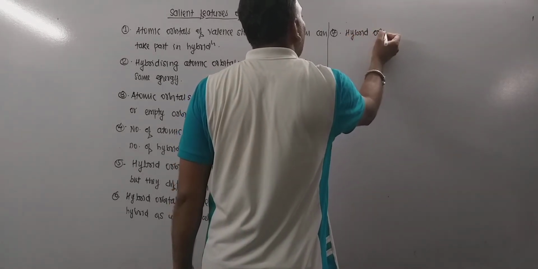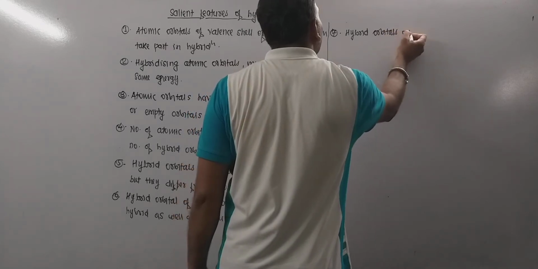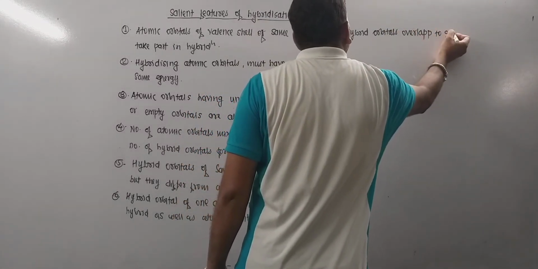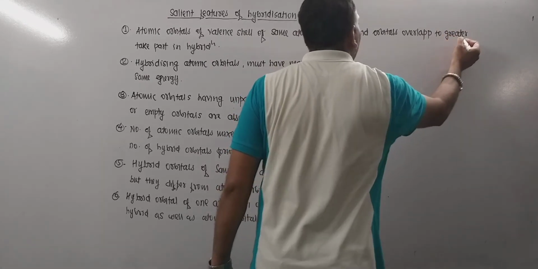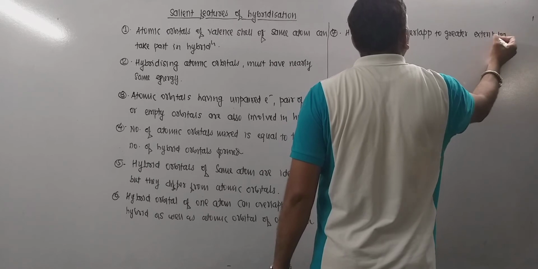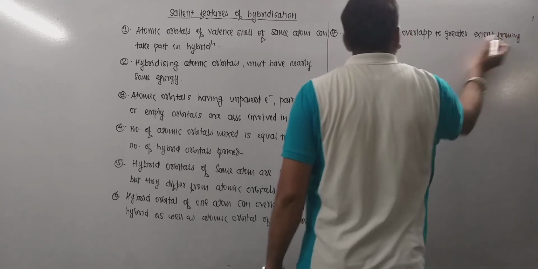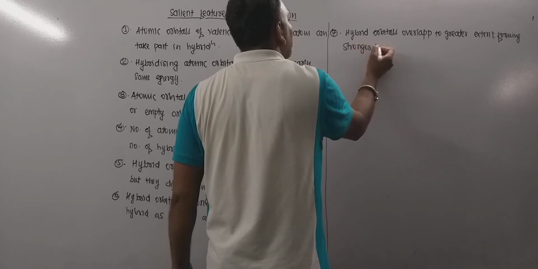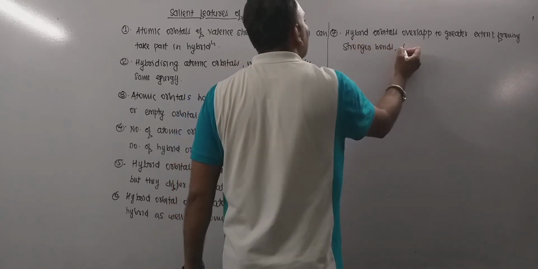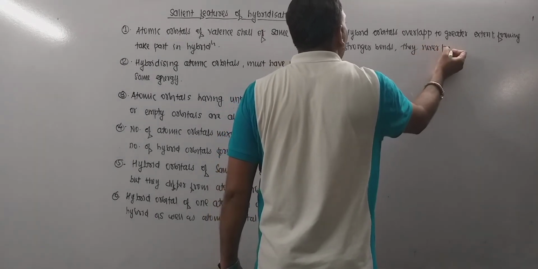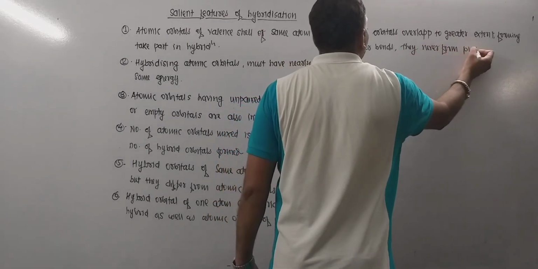Hybrid orbitals overlap to a greater extent, forming stronger bonds. They never form pi bonds.